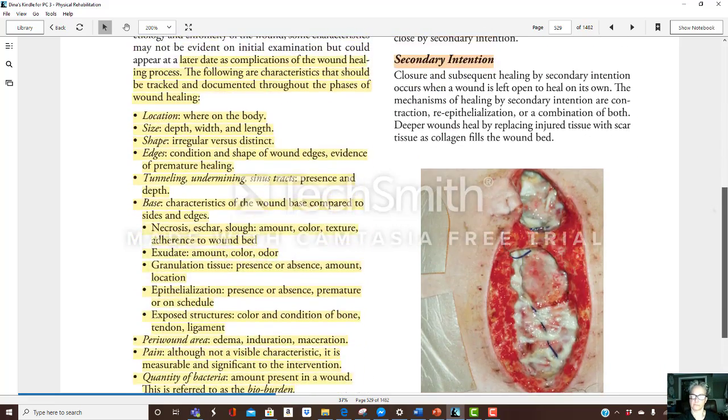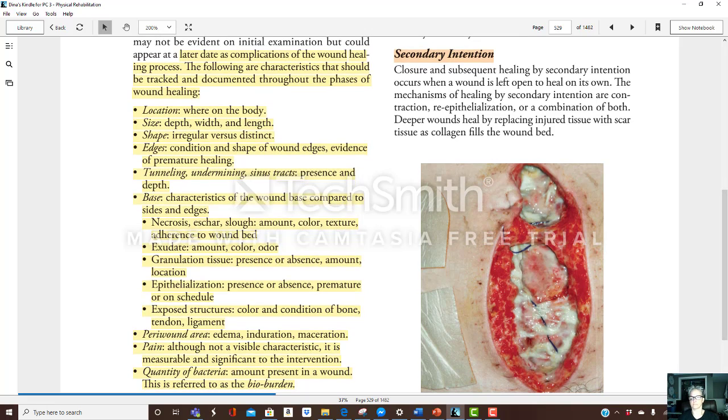Secondary intention closure, and subsequent healing by secondary intention, occurs when a wound is left open to heal on its own. The mechanisms of healing by secondary intention are contraction, reepithelialization, or a combination of both. Deeper wounds heal by replacing injured tissue with scar tissue as collagen fills the wound bed.